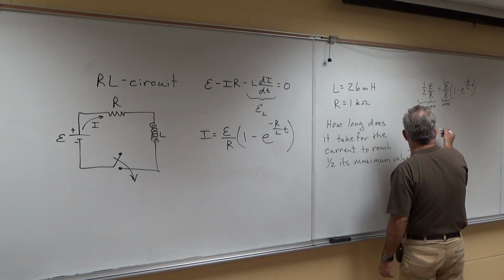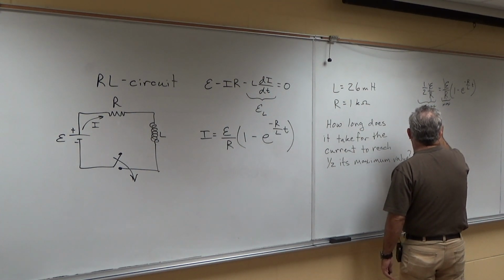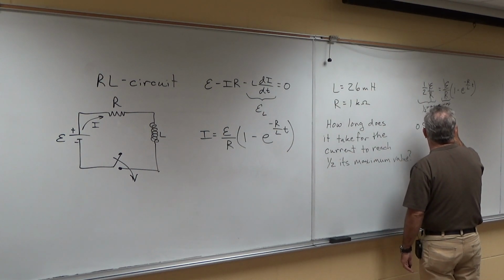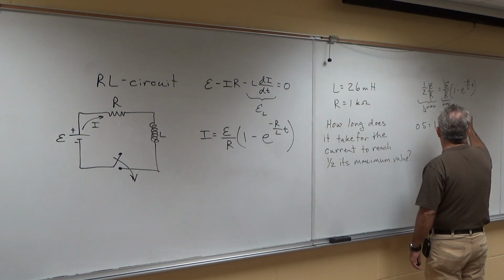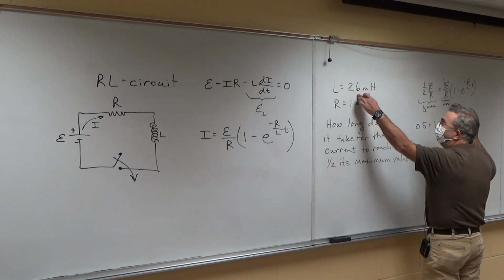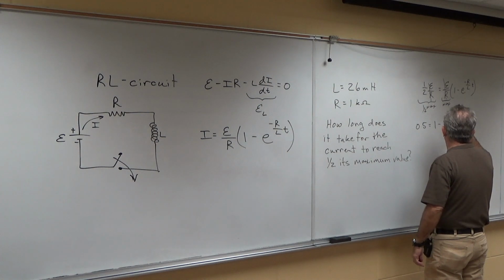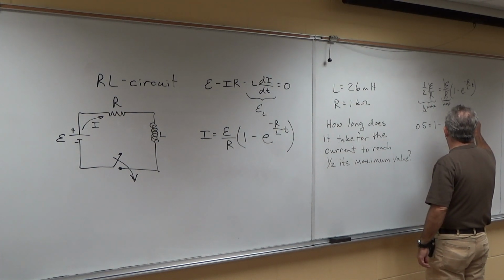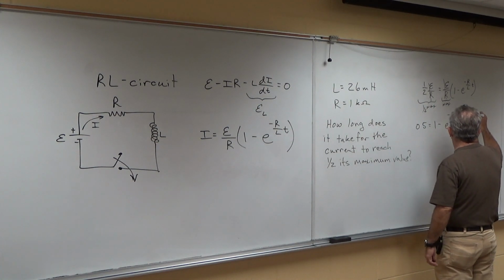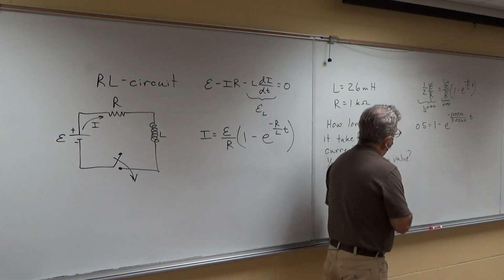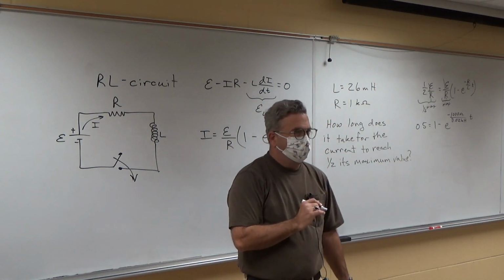So I'm going to put the numbers in now. 0.5 is equal to 1 minus e to the minus 1,000 ohms divided by, I've got to put this in henries, 0.026 henries times t. I'll leave it like that. That's what I have to solve.